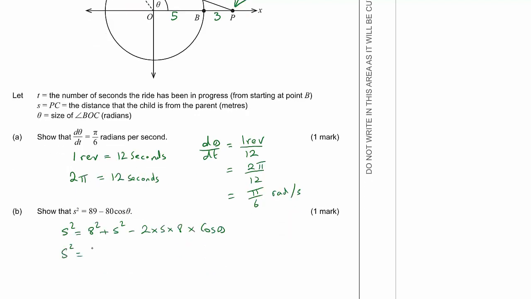So s squared is going to be 64, add 25, take away 80 cos theta, and 64 add 25 is 89. So s squared is 89, take away 80 cos theta.